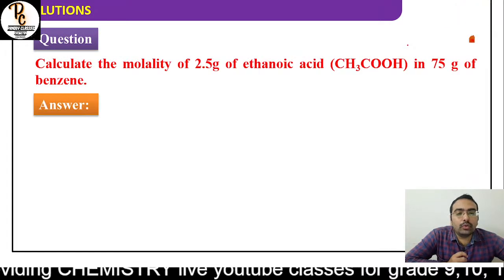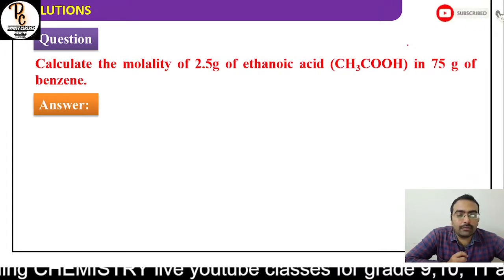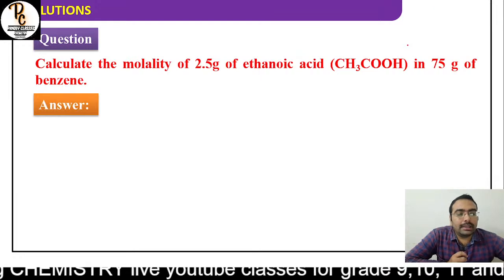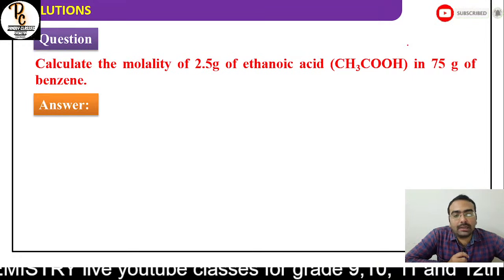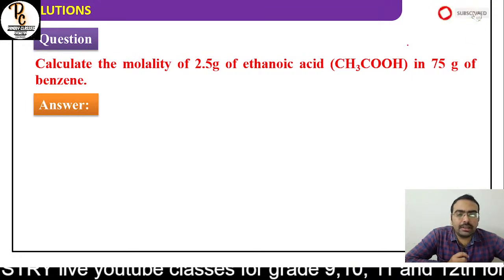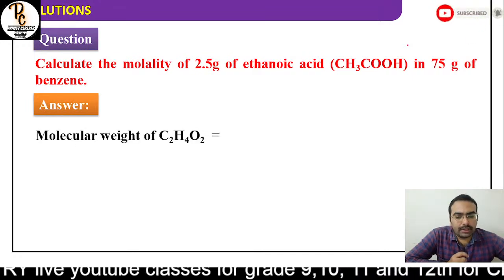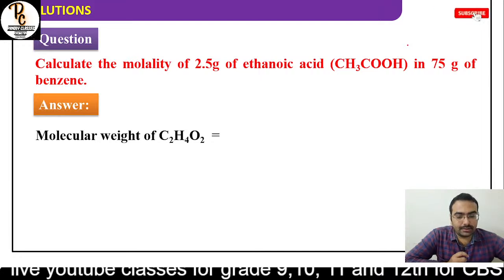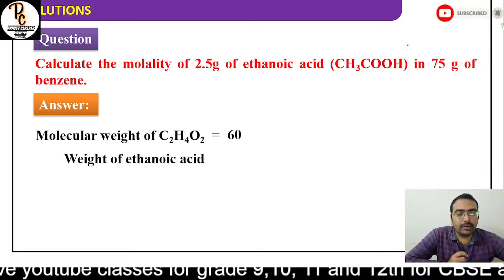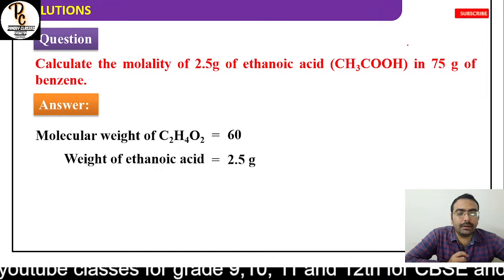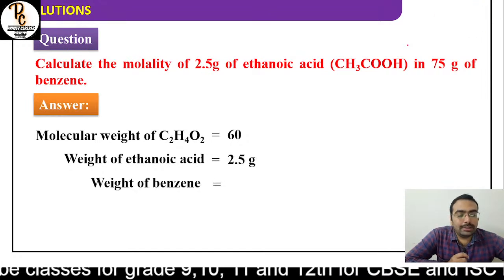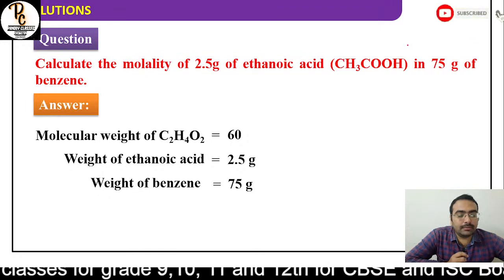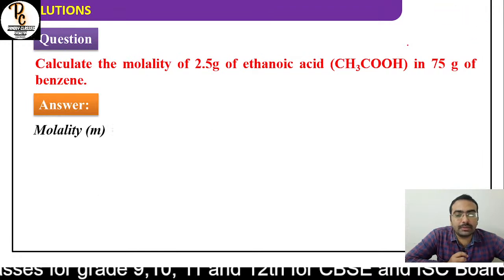Calculate the molality of 2.5 gram of ethanoic acid in 75 gram of benzene. We have to calculate molality, so we can easily calculate this. Molecular weight of ethanoic acid is 60. Weight of ethanoic acid given is 2.5. So we can calculate the number of moles easily. Weight of benzene is 75 grams.